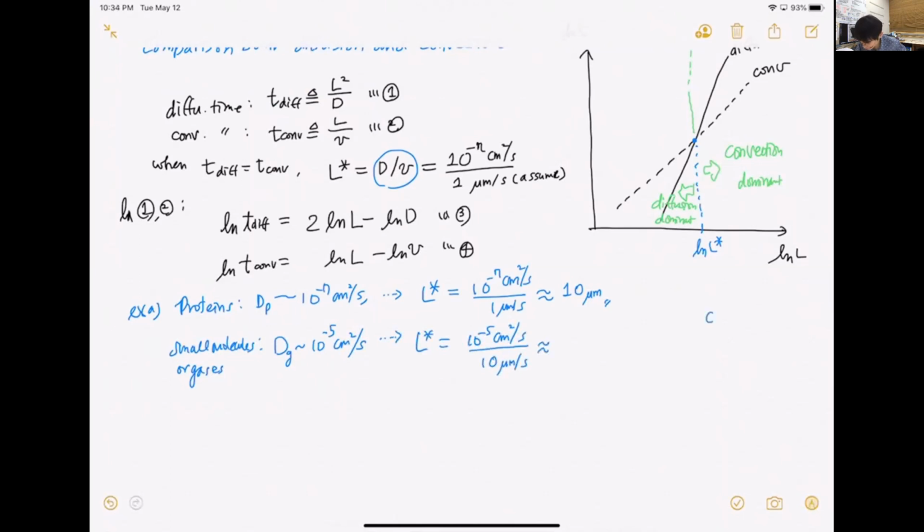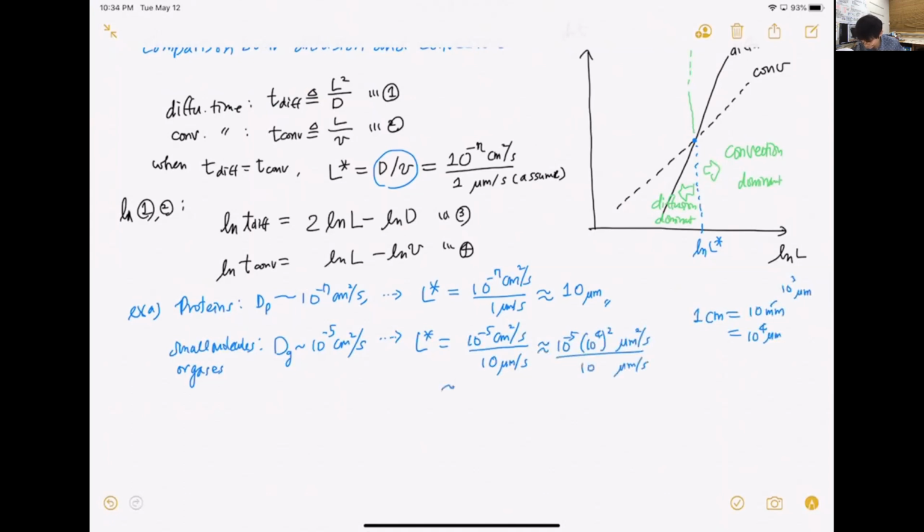What will happen over here? 1 centimeter is 10 millimeters, and 1 millimeter is 10 to the 3rd micrometer, so that's 10 to the 4th micrometer. So this will be 10 to the minus 5 times 10 to the 4th squared micrometer squared per second, over 10 micrometer per second.